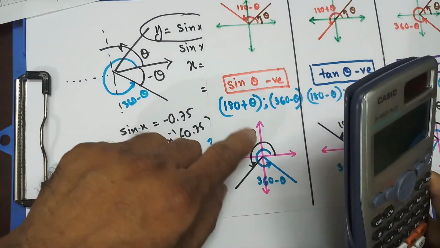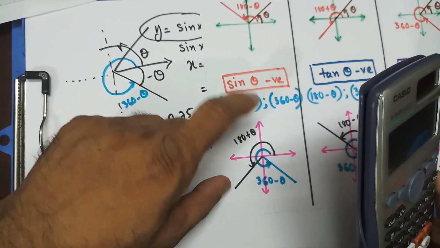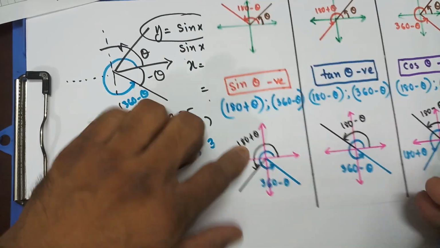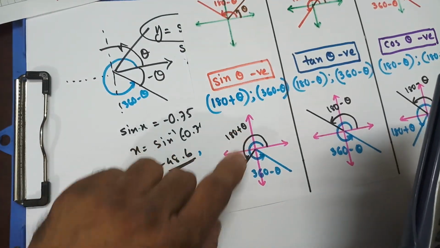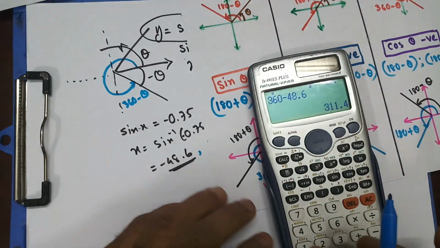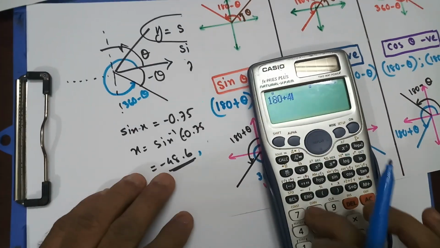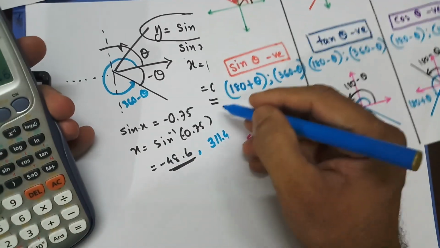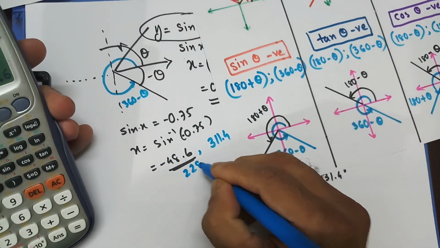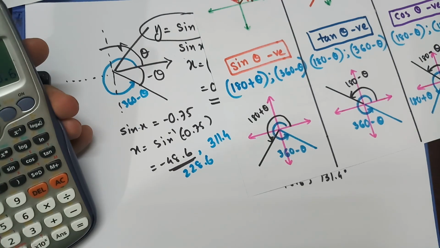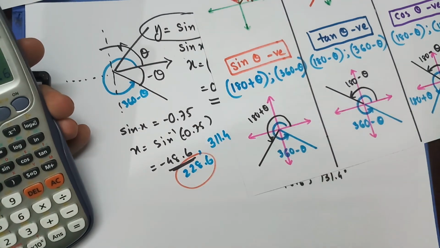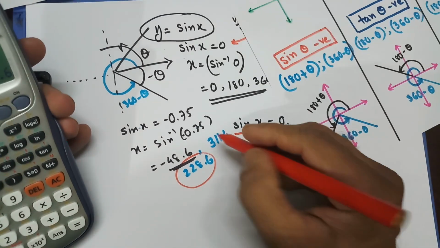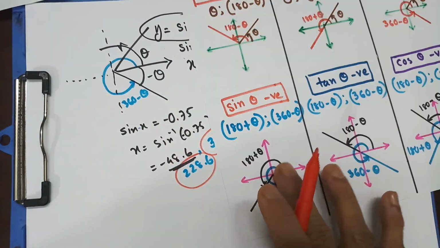If you subtract that, it's going to fall in the second quadrant, and in the second quadrant sine is positive. We don't want that, so we're going to add this theta to 180 degrees. So 180 plus 48.6, I got 228.6. So another value is 228.6. These two values are going to give me sine equal to negative 0.75.